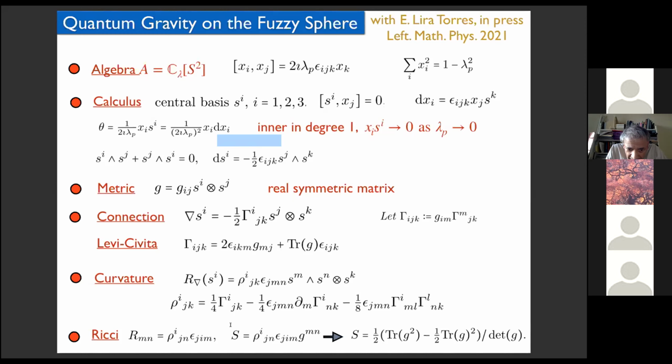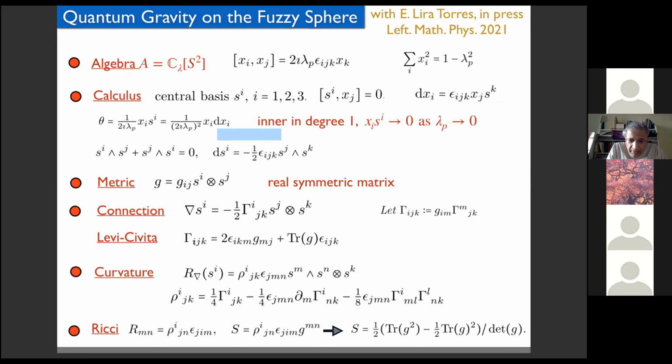And the Ricci scalar, which is given by contracting the Ricci tensor, then comes out like this. So this final formula is rather surprisingly nice. You take the matrix for G, square it, take its trace, and take away a half of the trace of the matrix squared, and divide by the determinant. And that's a calculation of the Riemannian curvature, the Ricci curvature, Ricci scalar, etc.